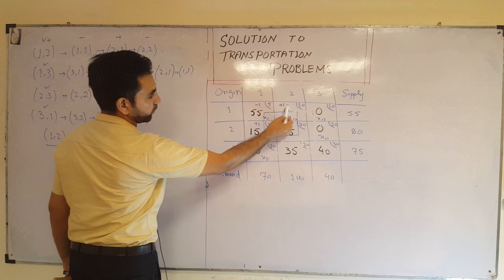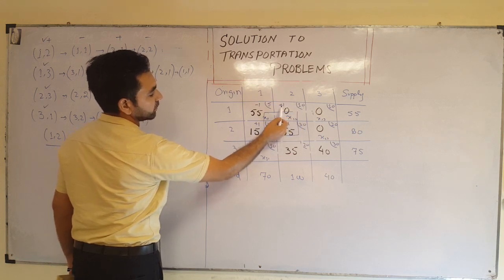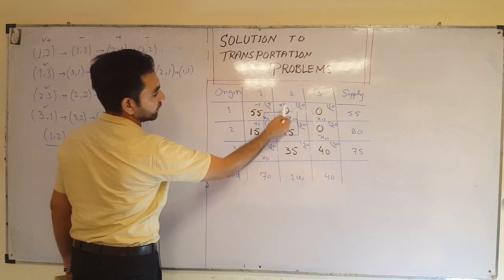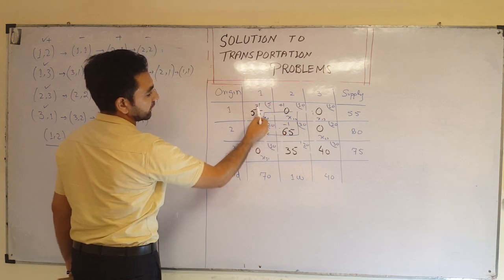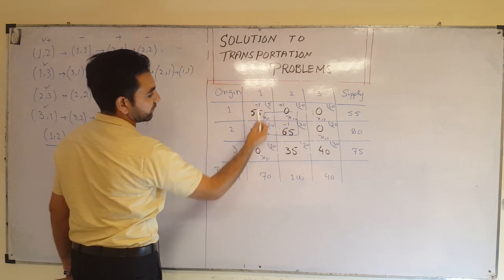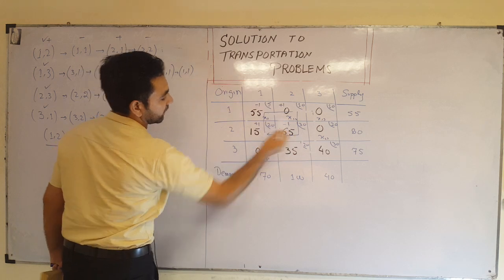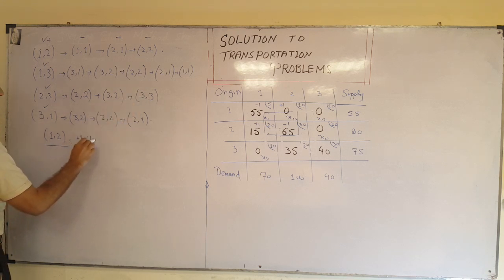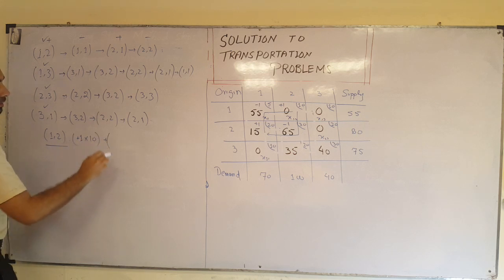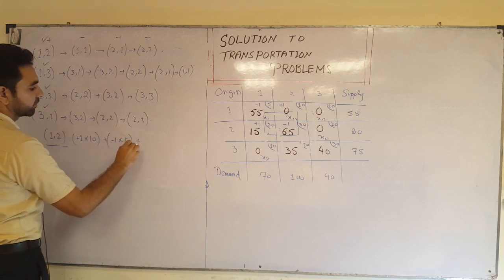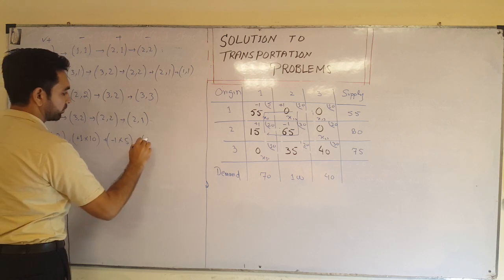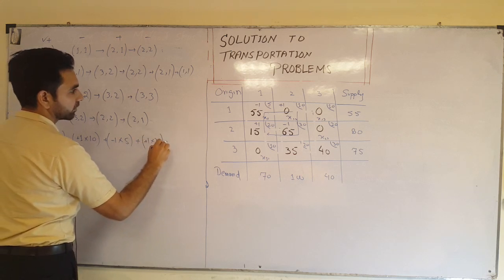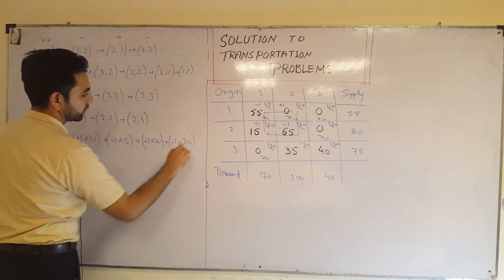Now you have to multiply the cost. So plus 1, the cost is $10, so it means it will cost you $10 for 1 ton. And here minus $5, plus $20, and minus $30. So for this cell it would be 1 times 10 plus minus 1 times 5 plus 1 times 20 plus minus 1 times 30.